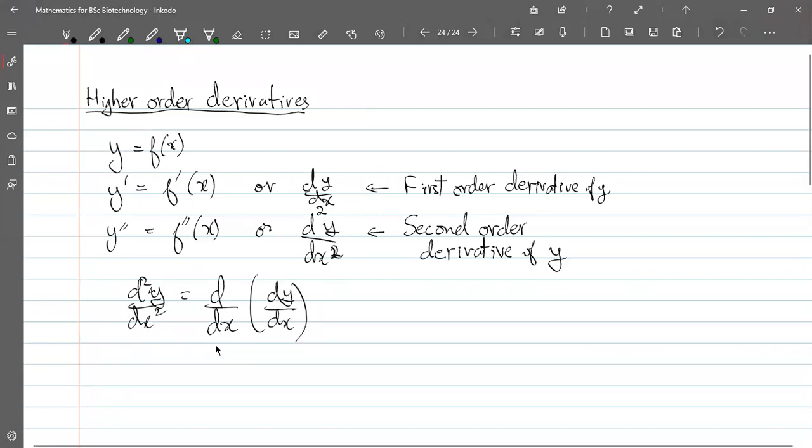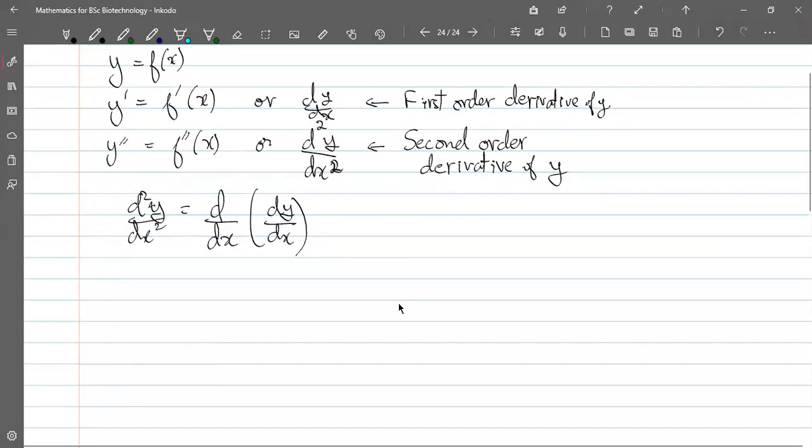So you can differentiate it again with respect to x, and that's the notation. Okay. So in other words, the second order derivative of y is the first order derivative of the first order derivative of y. Okay, so if you take derivative twice, that is the second order derivative. That's just it, nothing more.